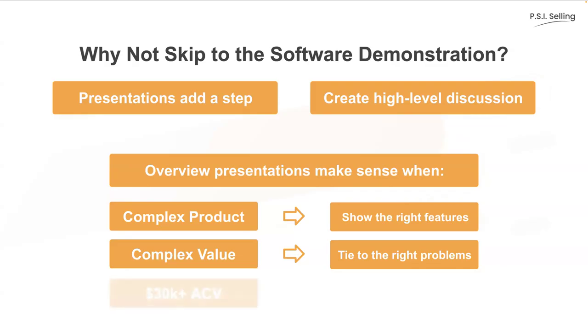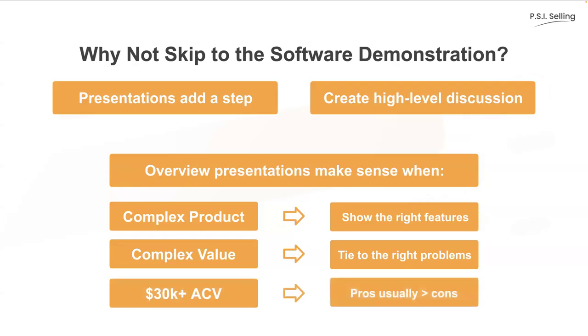So to kind of cash this out, my general sense is that if you are selling a product that has an average contract value of over $30,000, it is likely that the pros of doing an overview presentation outweigh the cons. Definitely make your own judgment, think about your own sales process, but that 30K benchmark is a fair place to start your thought process.